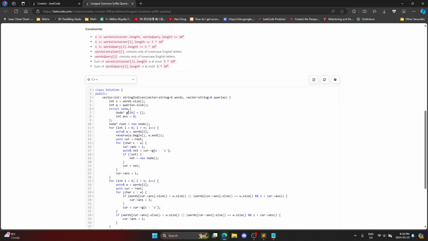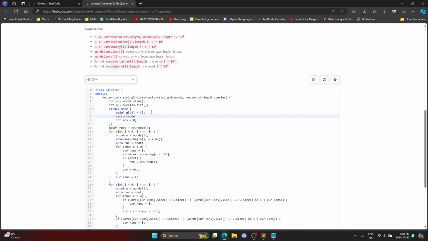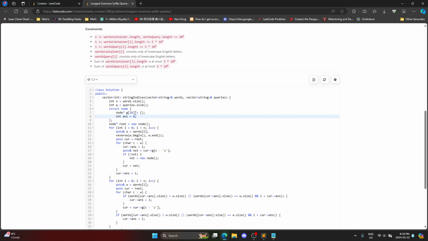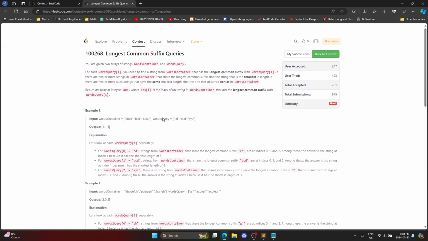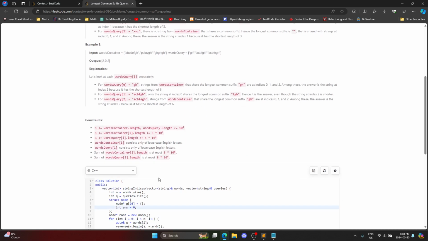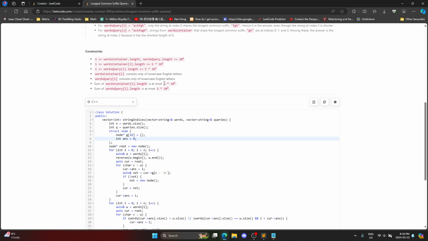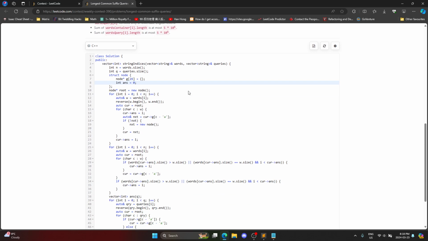Now apparently, I had this, and this gave me memory limit exceeded. I have no idea why, but I just changed it to a raw array and it works. Maybe there's some better approach, because I do realize the memory limit is 500,000.